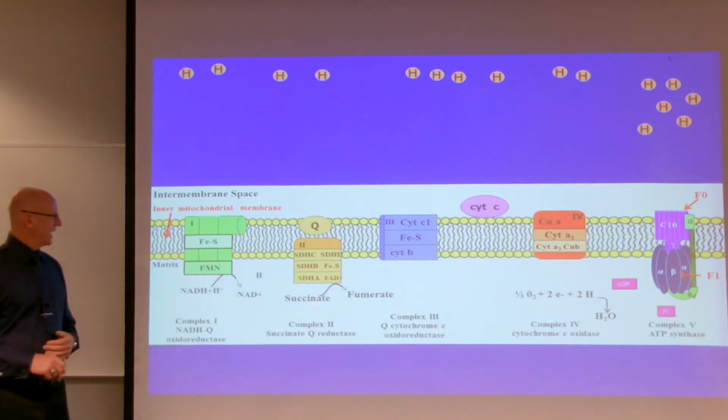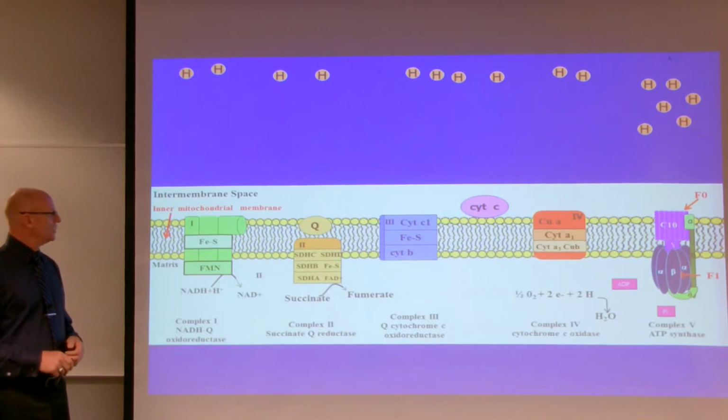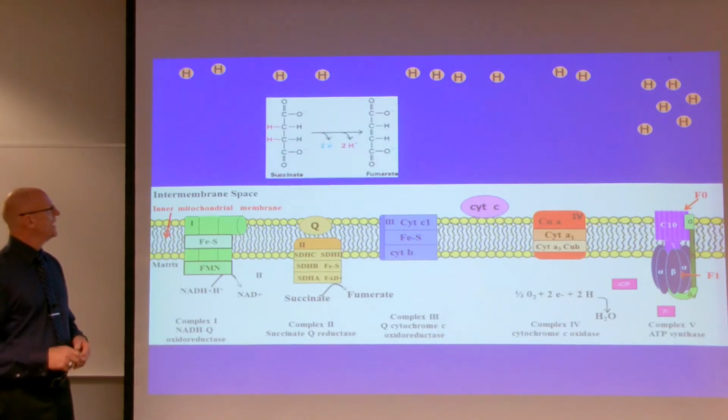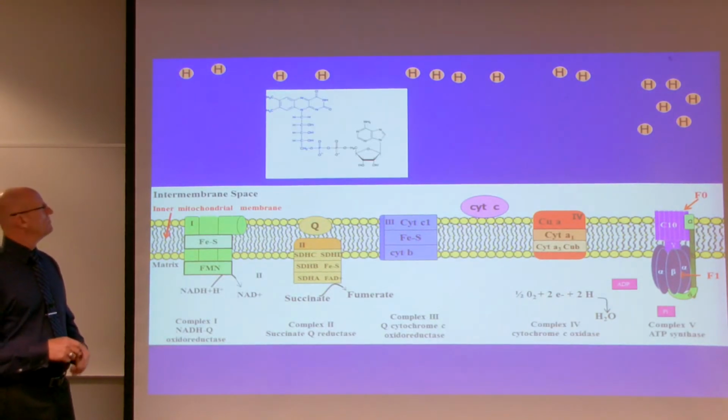Now from succinate, an intermediate in the tricarboxylic acid cycle, it would become oxidized to fumarate. This is succinate, and as we lose 2 of these electrons and 2 hydrogens, it will be converted to fumarate. Those 2 electrons will be accepted by the oxidized form of flavin adenine dinucleotide to its reduced form. This is the flavin adenine dinucleotide.